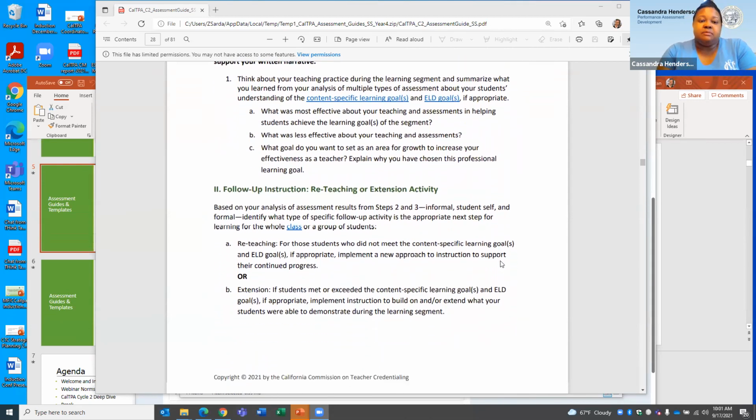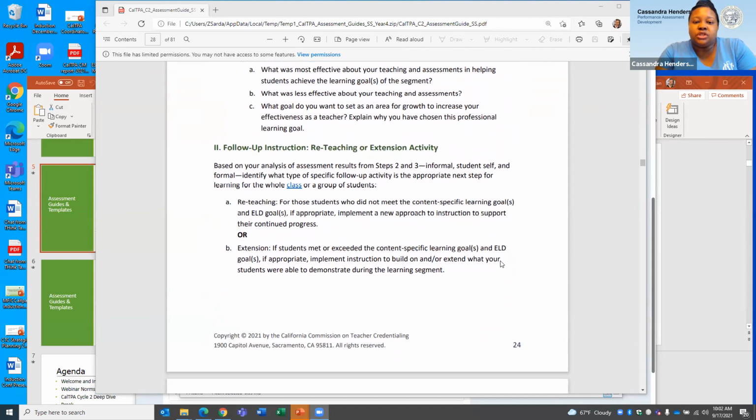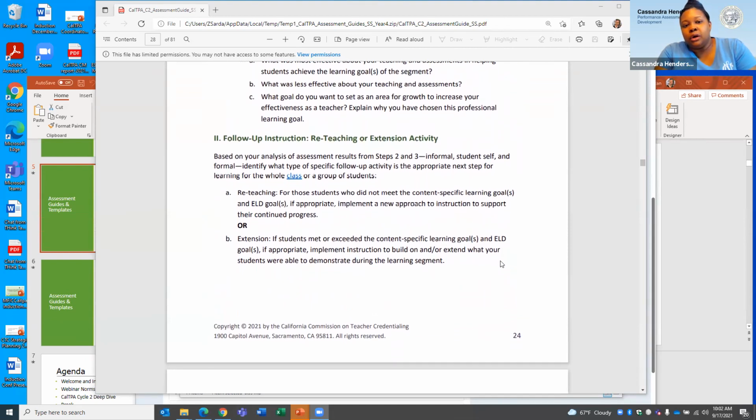Part 2 of step 4, apply, is follow-up instruction, which is reteaching or extension activity. Based on their analysis from steps 2 and 3, they're going to either do a reteach lesson or an extension lesson for students who met or exceeded the goals, reteaching for students who did not yet meet the content-specific learning goals and ELD goals.